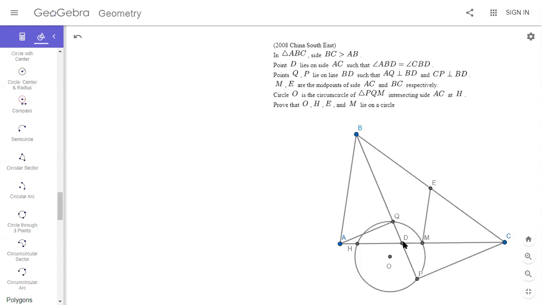So if B, Q, D, and P are harmonic, we can draw the parallels to AB and ME, right? And so, let's see.